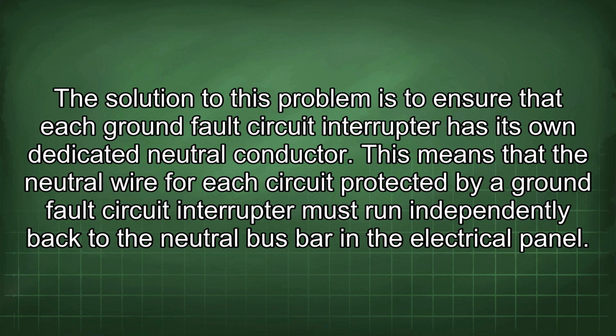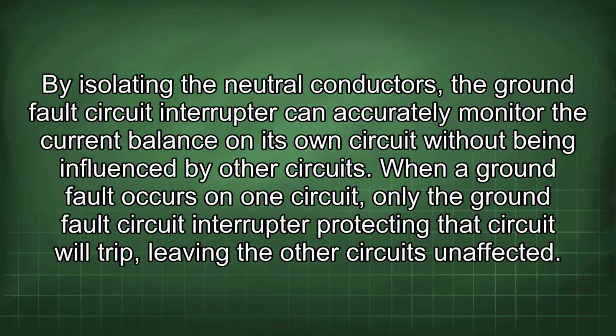The solution to this problem is to ensure that each ground fault circuit interrupter has its own dedicated neutral conductor. This means that the neutral wire for each circuit protected by a ground fault circuit interrupter must run independently back to the neutral bus bar in the electrical panel. By isolating the neutral conductors, the ground fault circuit interrupter can accurately monitor the current balance on its own circuit without being influenced by other circuits.